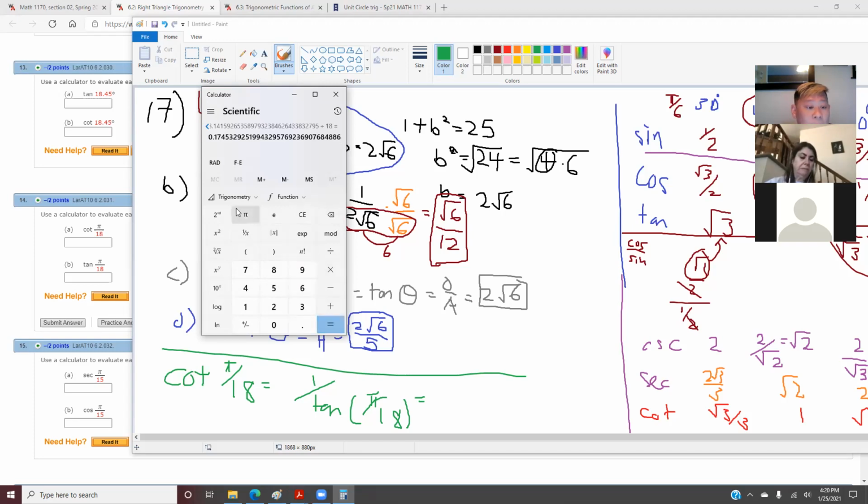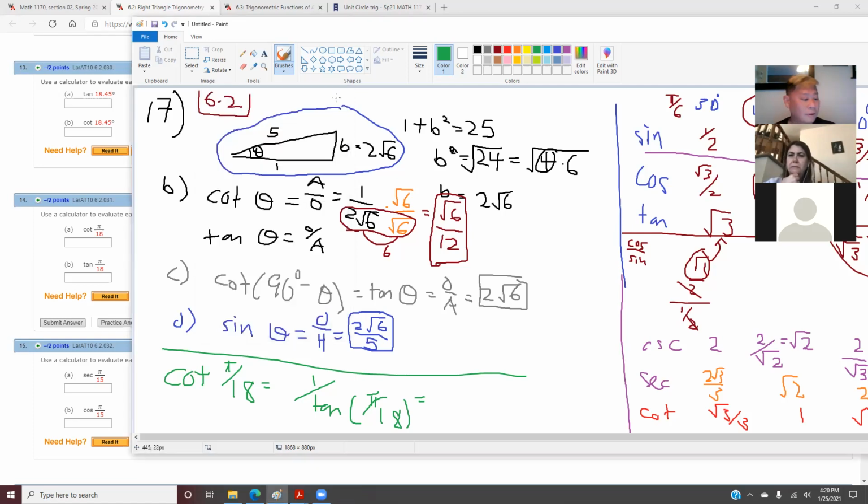Divided by, then you put tangent on this one. Yep. And then you 1 over here. Ugh, forget about that. I don't like this calculator. So take out your scientific calculator because I don't have one. Just make sure it's in radian mode. That one is horrible. Mode.